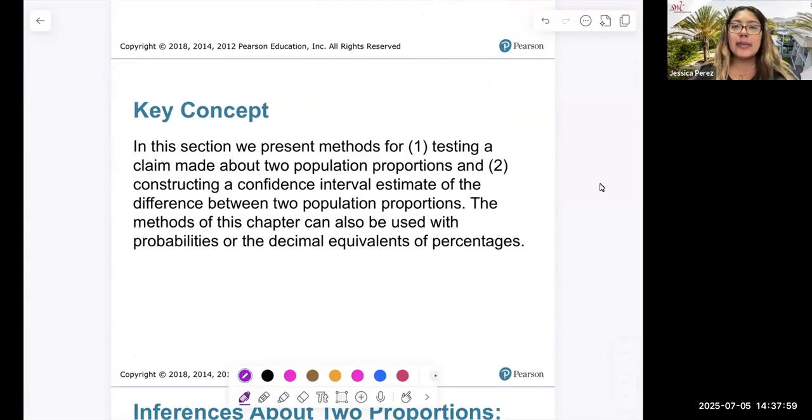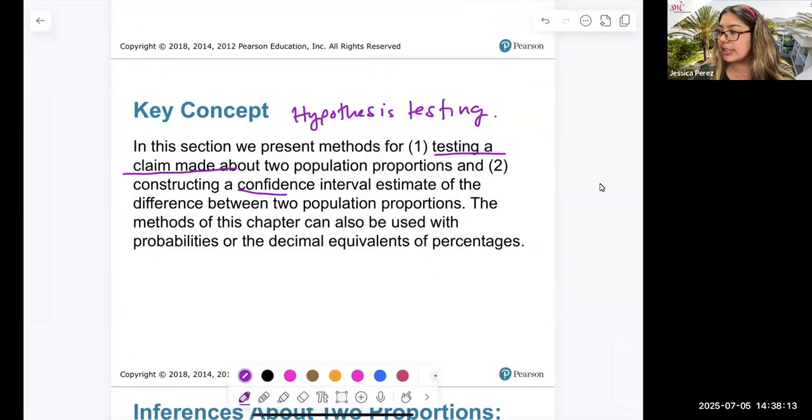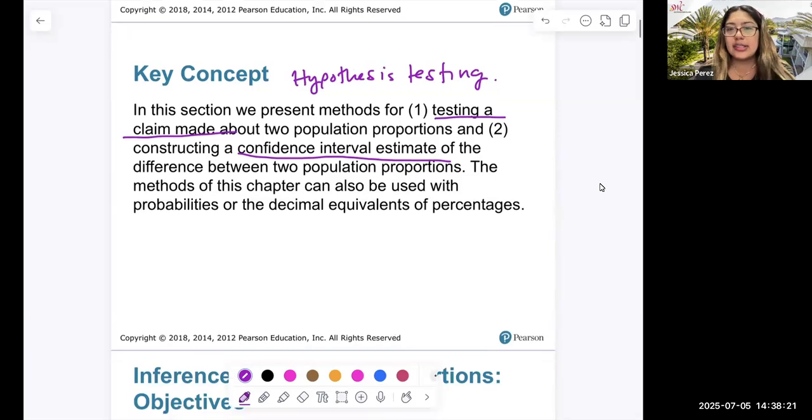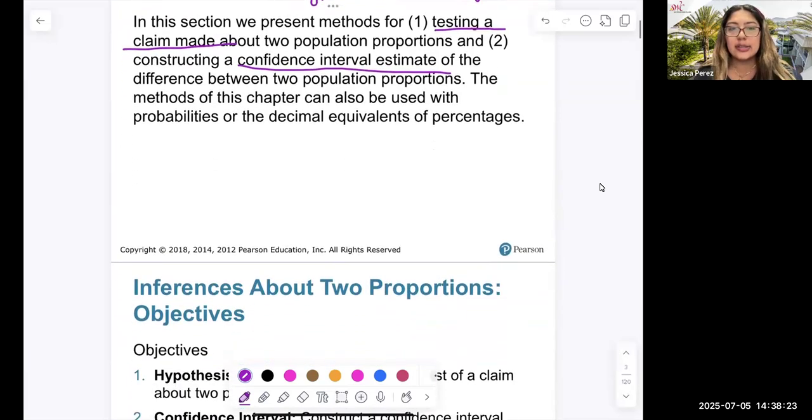In this section, we present methods for testing a claim. So we're going to be testing a claim. Again, we're going to be doing hypothesis testing about two proportions. We are going to be creating a confidence interval to estimate the difference between two population proportions. And then we are going to be looking at the probabilities or decimal equivalents of percentages.